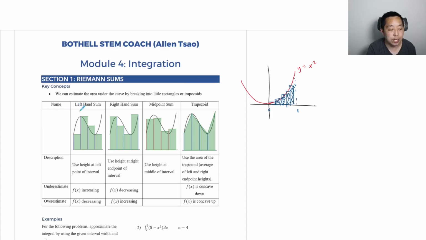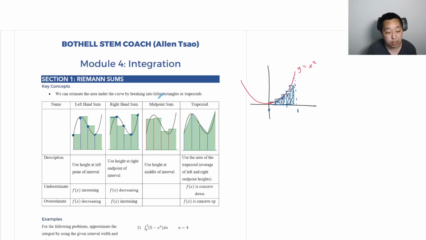Well, there are left-hand sums, where on an interval, the left point of the rectangle touches the curve. Whereas in a right-hand sum, the right point of the rectangle touches the curve. In other words, the height of the rectangle is dictated by the right end of that interval.